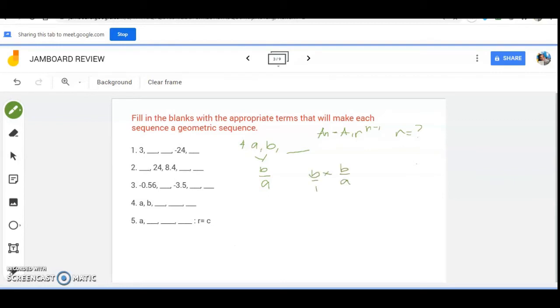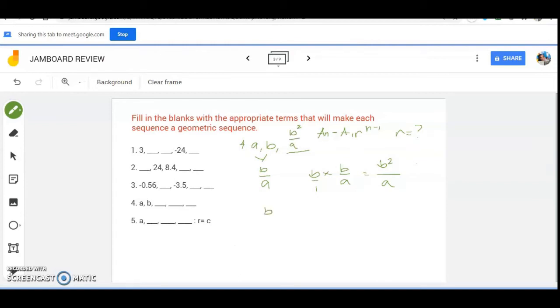We have imaginary 1 here, so b times b. If we are multiplying a number to itself, we have exponents, right? So we have b squared, very good. Over 1 times a, we have a. Kailangan ba nating mag-cancel? No, kasi magkaiba silang variable. So, ang third term natin dito is b squared over a.